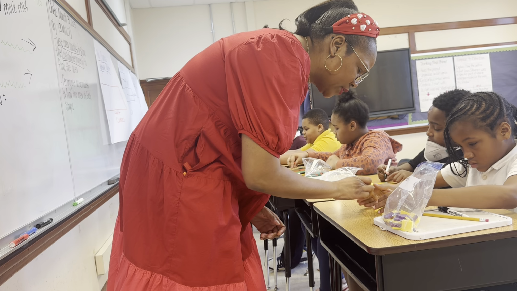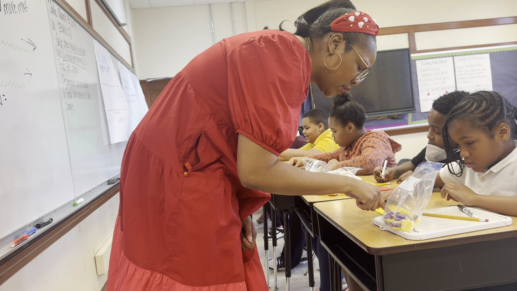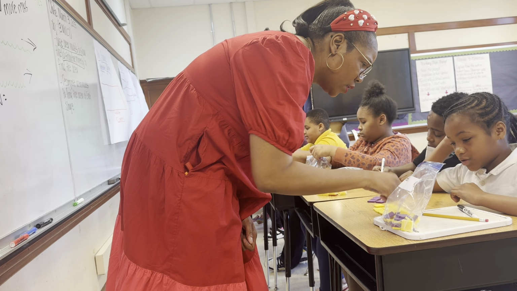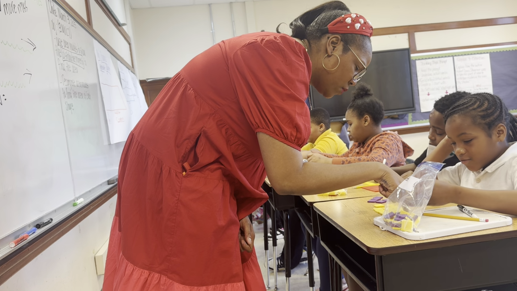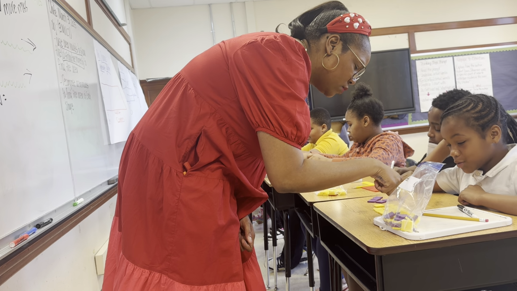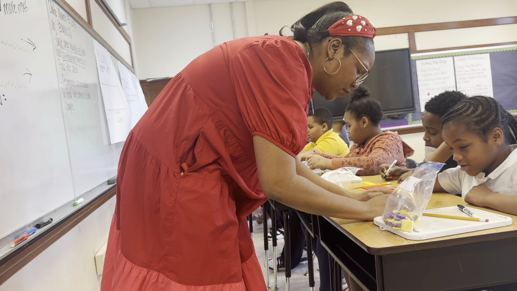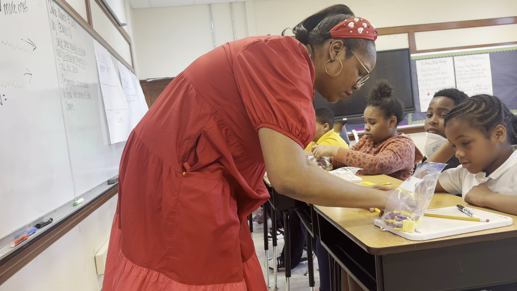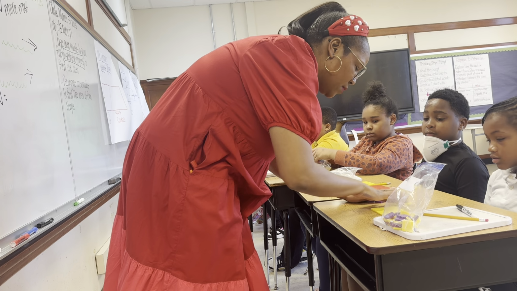Okay, let's count this for a second. Count, go. 1, 2, 3. Okay, so that's your 3. Go. 1, 2, 3, 4, 5. Okay, so these are your tomatoes, yes? Do you see your tomatoes?